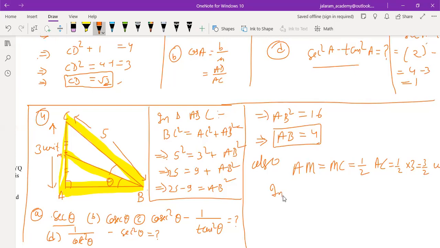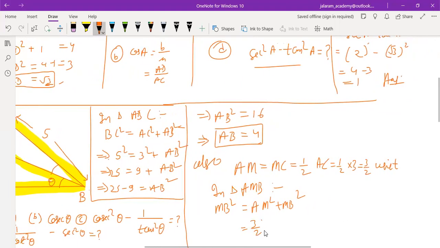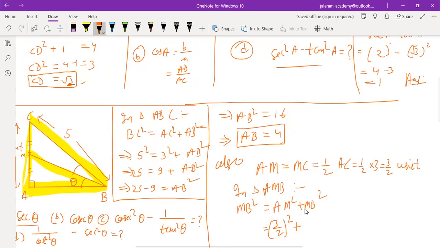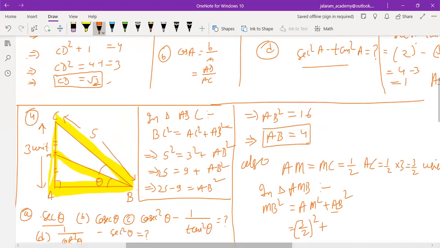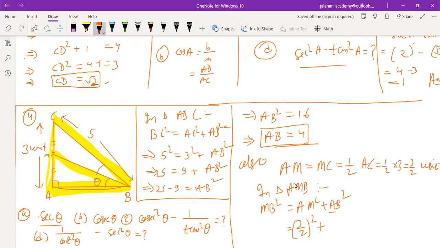So in triangle AMB, using again Pythagoras theorem in triangle AMB, hypotenuse square equals to perpendicular square plus base square equals to, AM is 3 by 2. So we write 3 by 2 whole square plus AB square. This is not MB, this is AB actually. Now AB is equal to, we have calculated it 4.